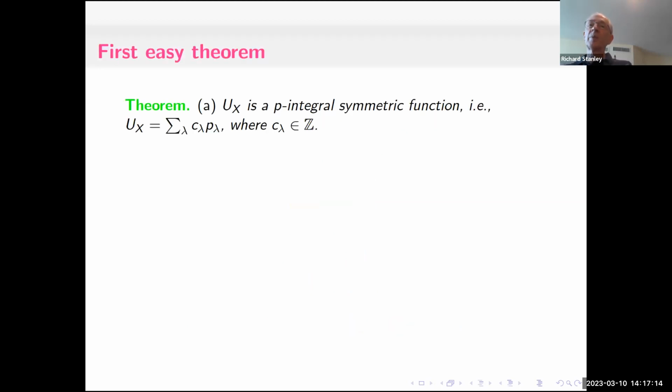Well, the first theorem, an easy theorem, is that Ux is always p-integral. First of all, it's a symmetric function. And if you expand it in terms of the power sums, the coefficients are integers.